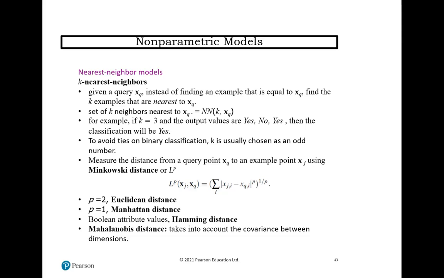Or you can use the Manhattan distance, which is essentially you find the maximum value between x1 and x2. So you take the absolute value of x1 minus x2 and then take the biggest element of that absolute vector, and that gives you the L1 or Manhattan distance. There are other distances you can use as well, and many variations, but these are the two most popular ones.